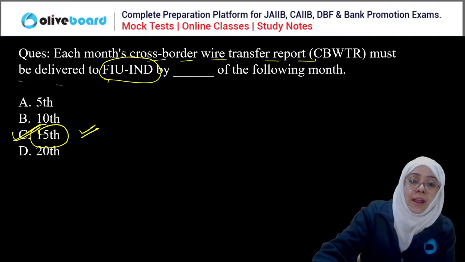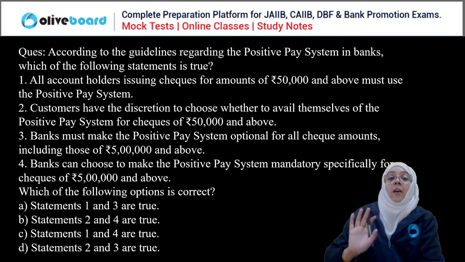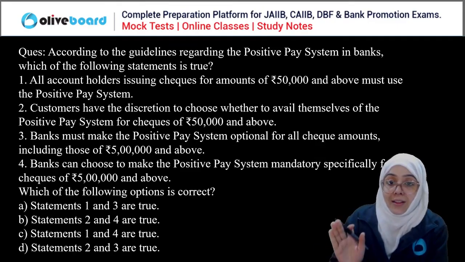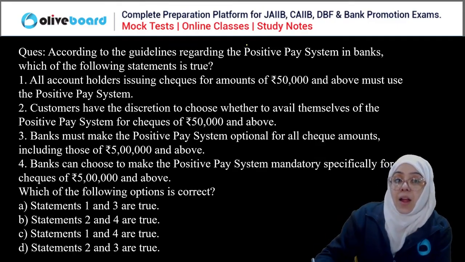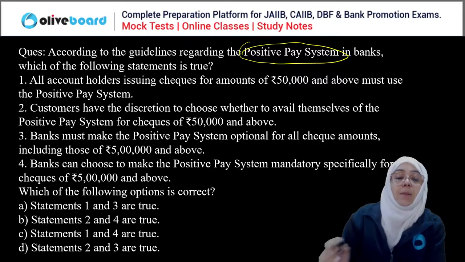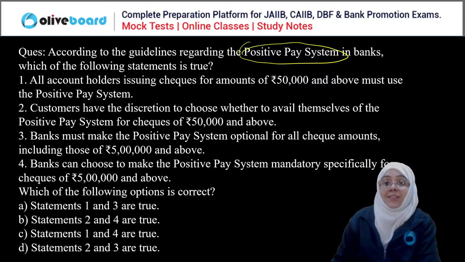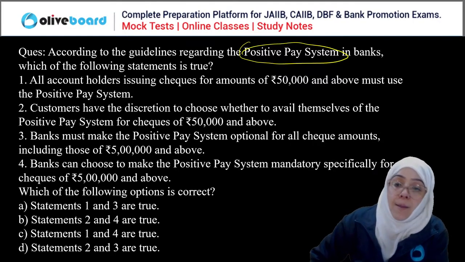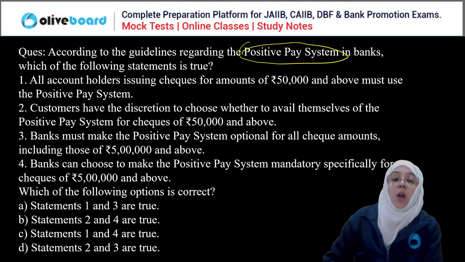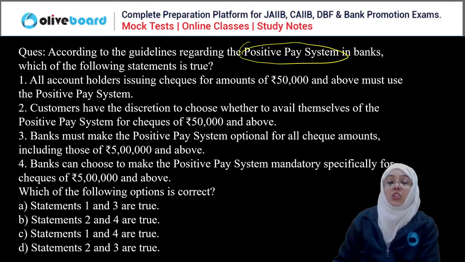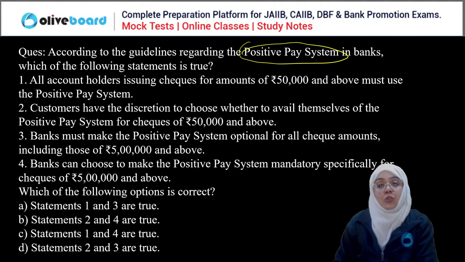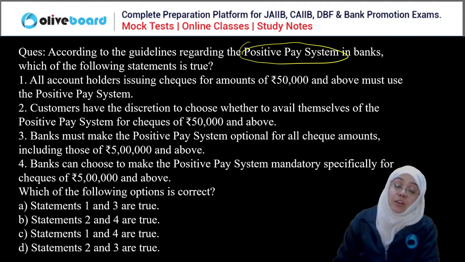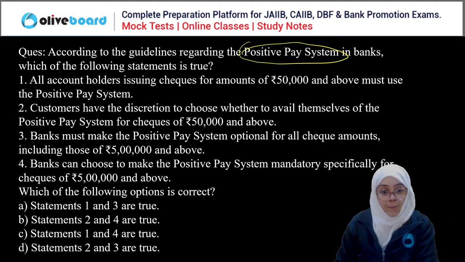Next question. Now you have to choose the correct statement regarding the positive pay system in a bank. All account holders issuing checks for amounts of 50,000 and above must use the positive pay system.